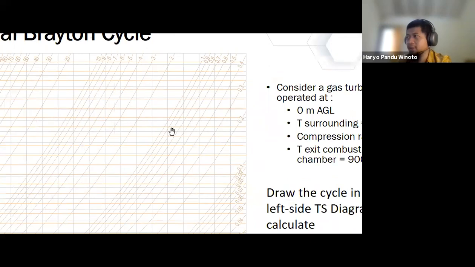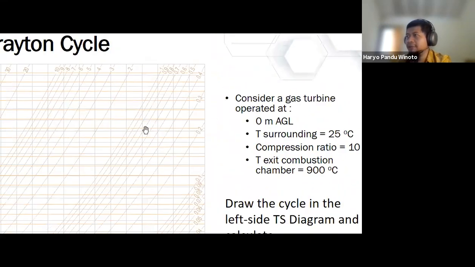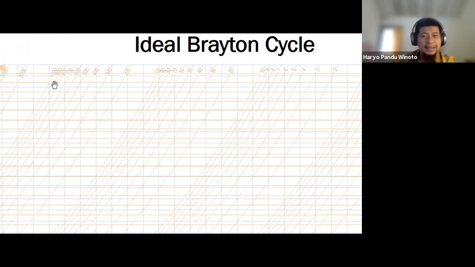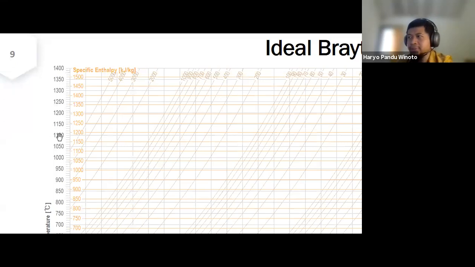At the left side, the most left, the black one is the temperature, and then a little bit to the right is the specific enthalpy.